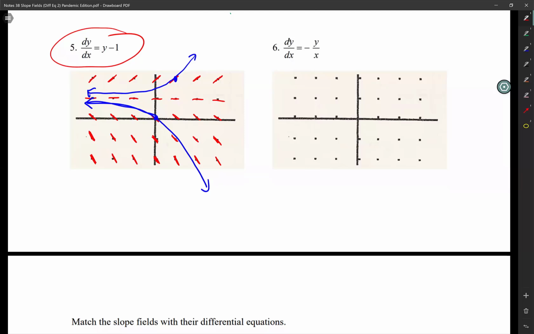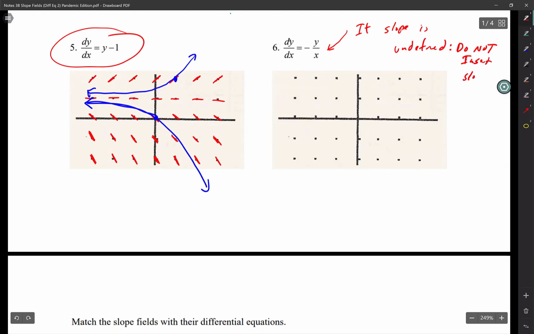So a warning: everywhere the slope is undefined, do not draw a tangent, do not draw slope fields. If slope is undefined, do not insert slope.